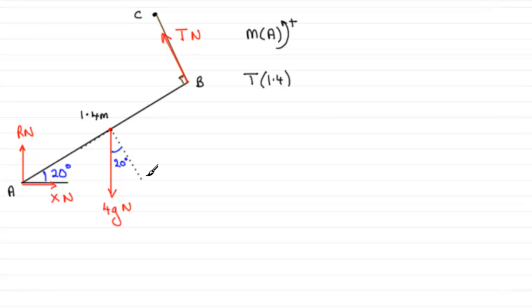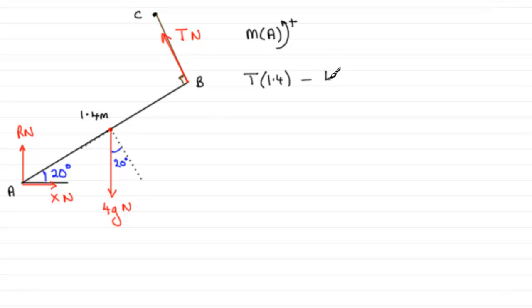The one here, this perpendicular component, it's going to want to turn it in a clockwise sense about A. So that's in the opposite sense to this, so it must be minus. Let's just mark that in as minus. And this force acting perpendicular to AB is going to be 4g cos 20.